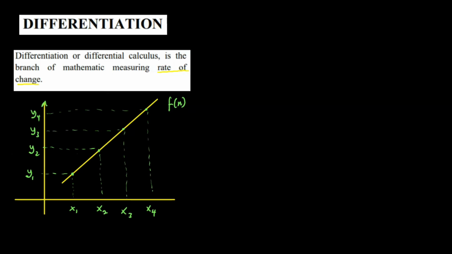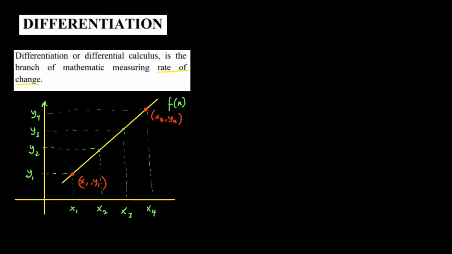So if we have the coordinate x4 and y4 and that of probably x1 and y1, then I need to find the rate of change with respect to the x component as well as the rate of change with respect to the y component.